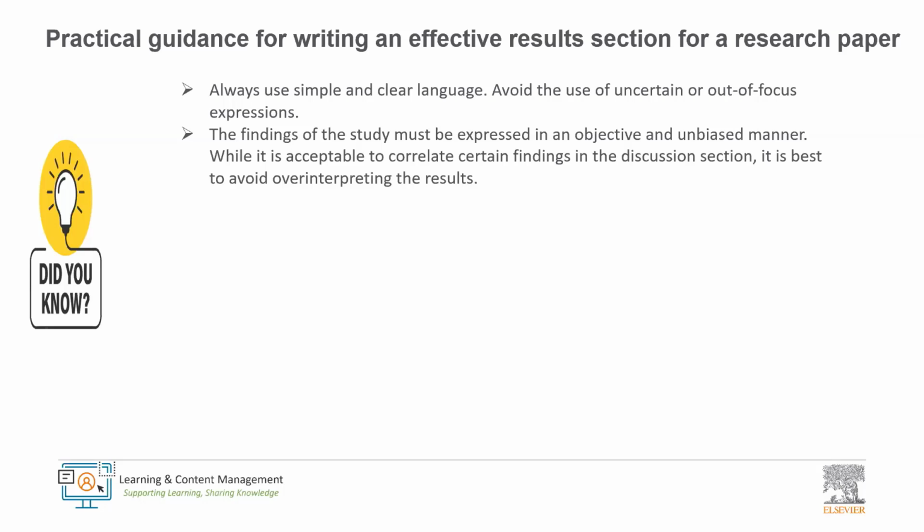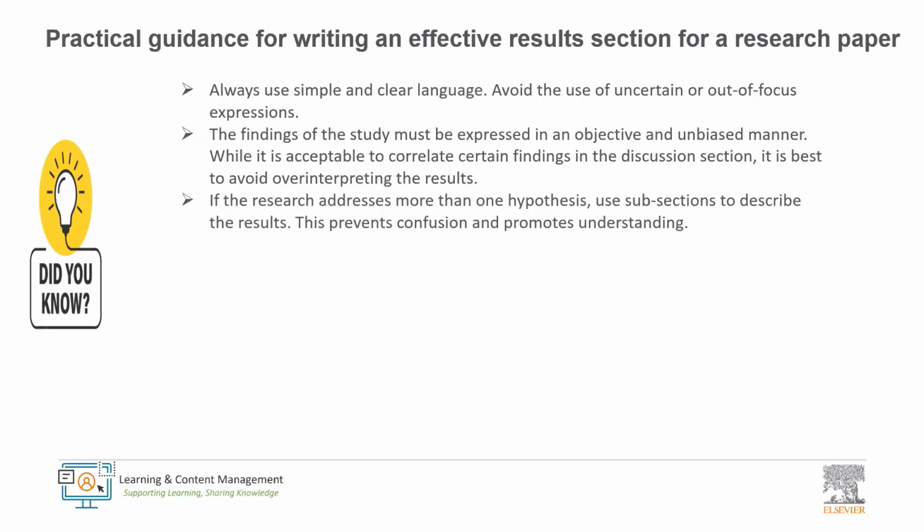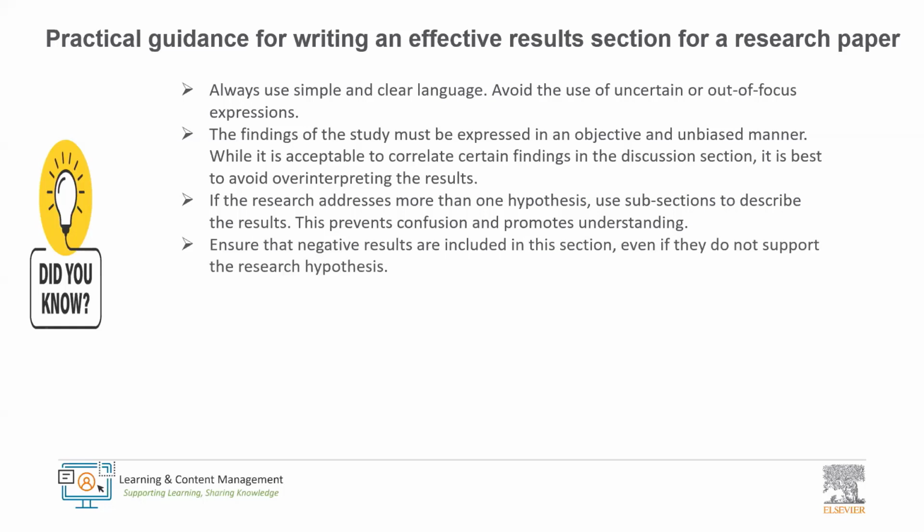While it's acceptable to correlate certain findings in the discussion section, it is best to avoid over-interpreting the results. If the research addresses more than one hypothesis, use subsections to describe the results. This prevents confusion and promotes understanding.